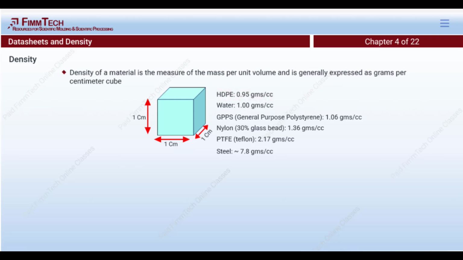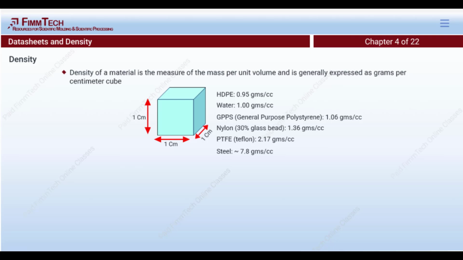If this cube is now molded out of GPPS, general purpose polystyrene, then this cube is going to weigh 1.06 grams per centimeter cube. Or if it's molded, let's say out of PTFE, then the same cube is going to weigh 2.17. See? So as you start changing the material, the weight also changes.